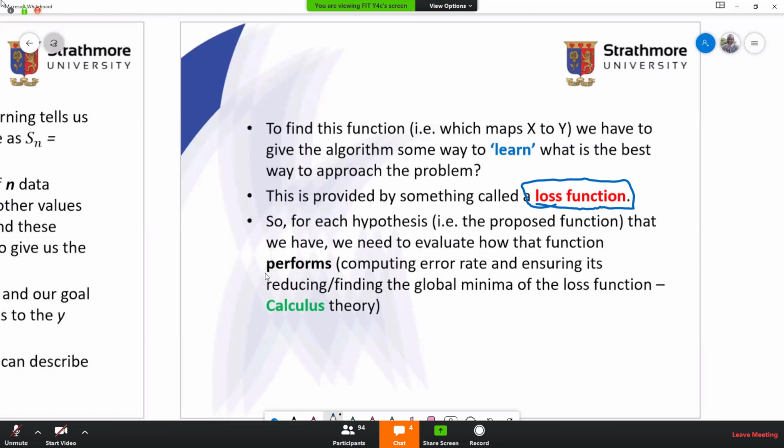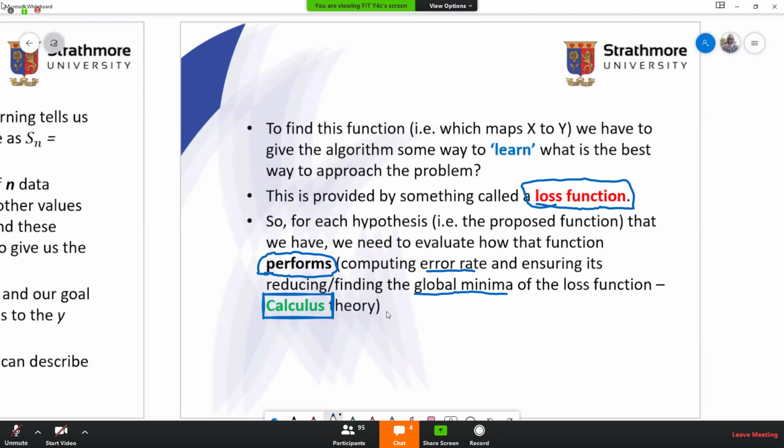There is a performance measure, the one that we were talking about. How do we do it? There's an error rate to be measured, and this error rate is found by optimizing the loss function using calculus theory, which we are going to revise in a moment.